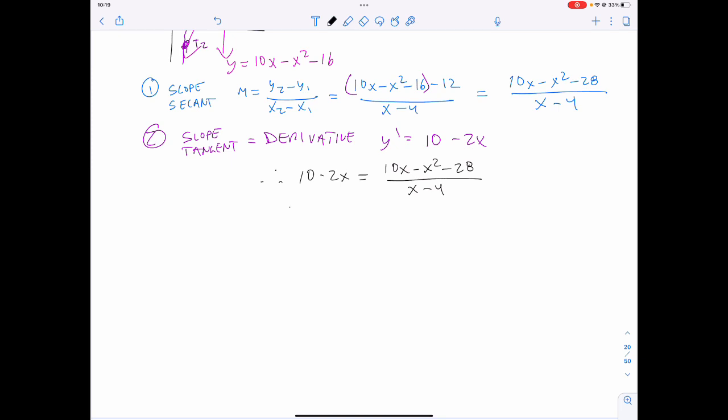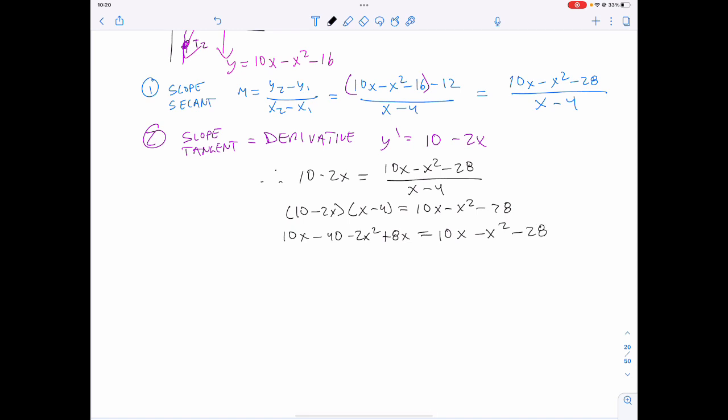I can say that 10 minus 2x times x minus 4 is going to equal 10x minus x squared minus 28, or 10x minus 40 minus 2x squared plus 8x is going to equal 10x minus x squared minus 28.